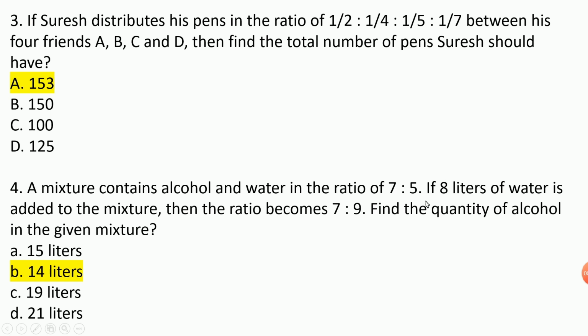So when 8 is added, 4, that is half of this, is the increase. So the 12 parts correspond to 24. Dividing 24 in the ratio 7:5, we can get 14. Something like that. I'm not explaining it very accurately, still, we have to calculate in that manner.